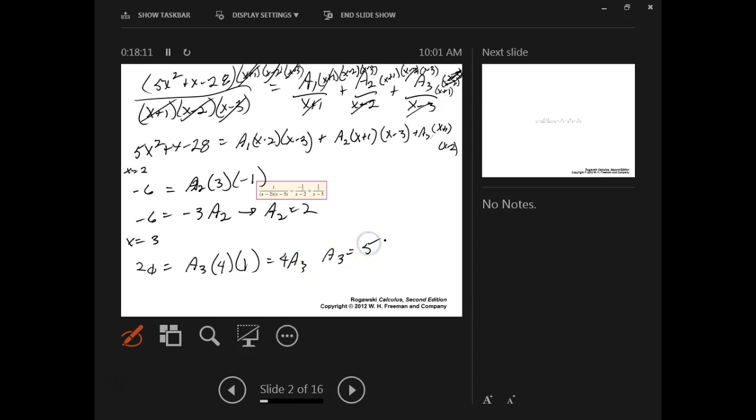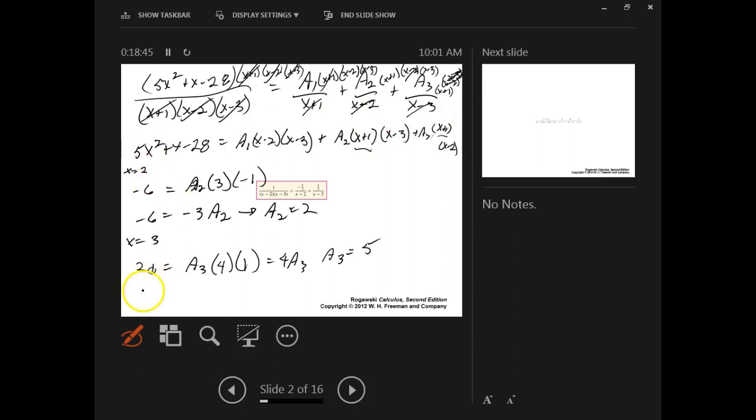5. Very nice. Okay. Want to try it one more time? What might you choose? Not 1. You could choose 1. That's a perfectly good number to choose, but it's not going to help you a lot. Choose a negative 1. See? Then that goes to 0, and that goes to 0, so you're just left over here.